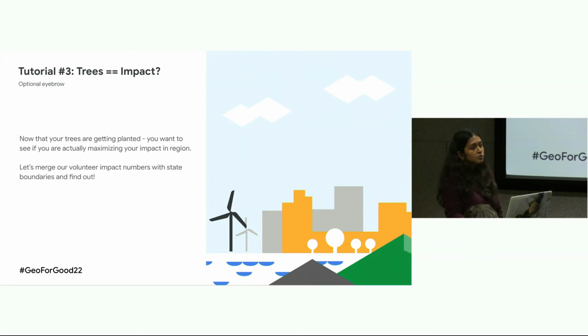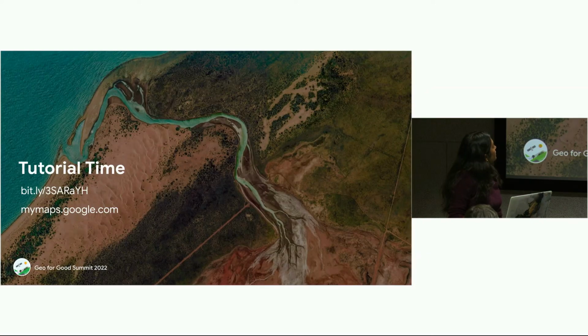And we're going to merge it with a US state boundary file taken from the government website, which gives us the boundaries of states, and we're going to see within state what our impact has been for each of our tree planting campaigns. So in case you don't have the tutorial doc, please open it up.